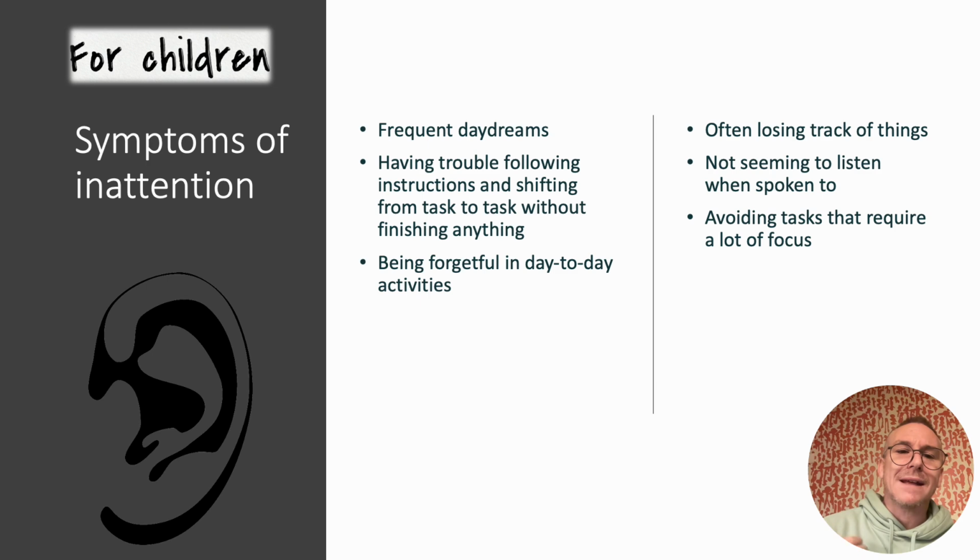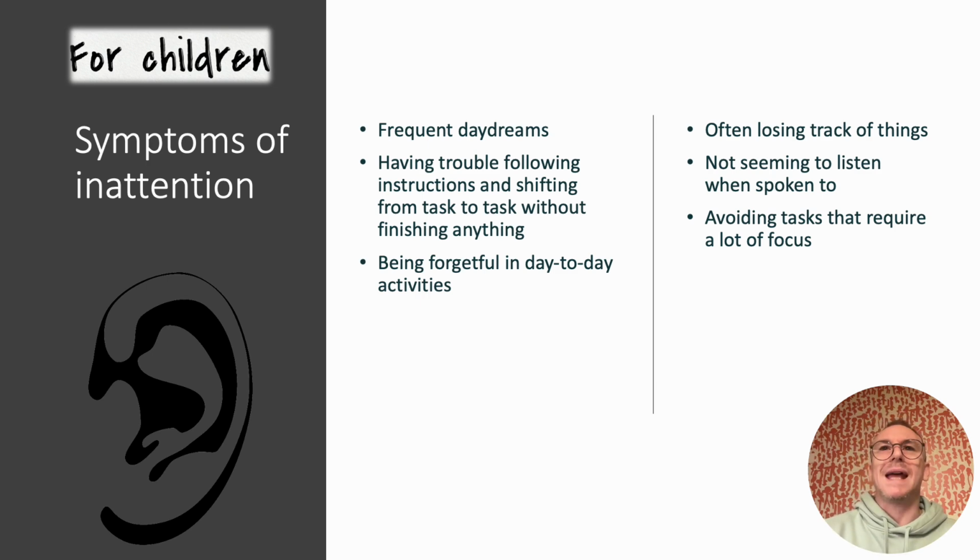And what I've done on the next slide is just highlight some things that I think are really specific for children. Obviously, those things that we just said also can be applied for children as well, but some of these things are even more specific. So we might be looking at frequent daydreams, for example, following instructions and shifting from task to task within school or an early years provision.